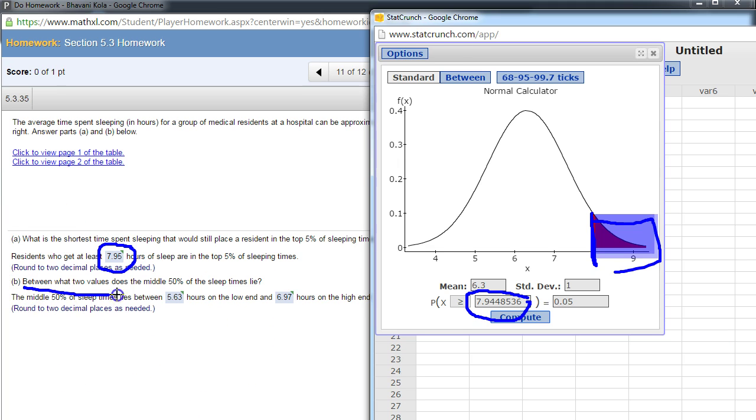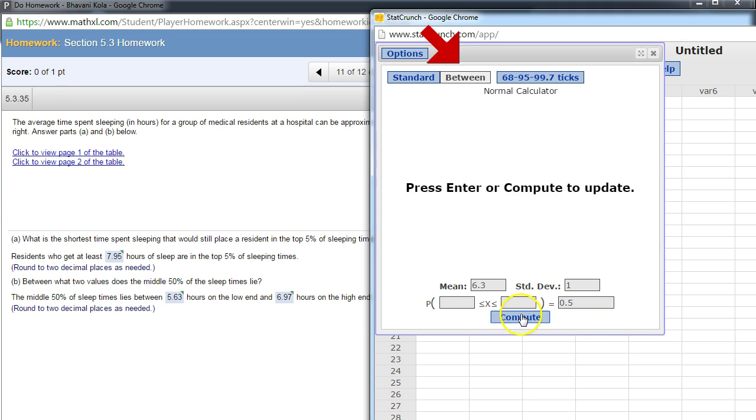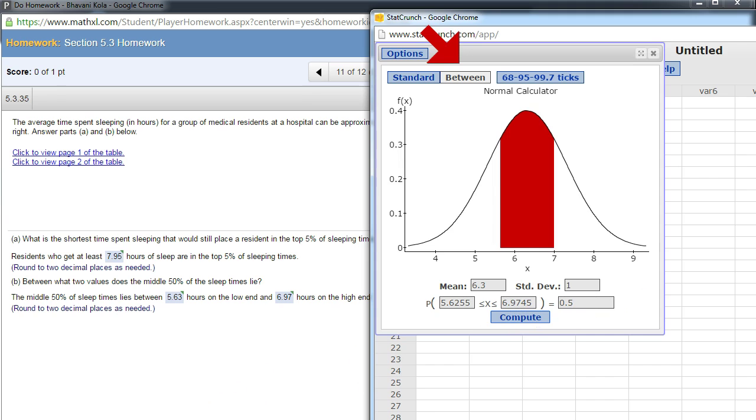Now they're asking you between what two values does the middle 50% fall? So when they say between, I'm going to click on between, the same standard deviation, 50%, 0.5, and compute. And when I look at it, if my x values are 5.6255 and 6.97, then the area would be 50%, and that's exactly what it is right here.